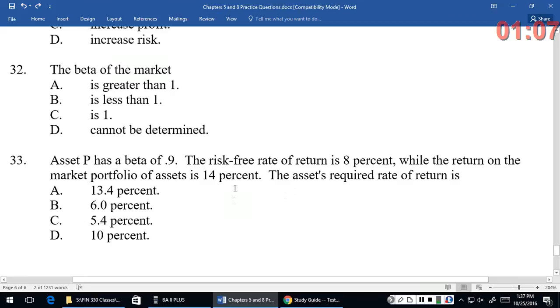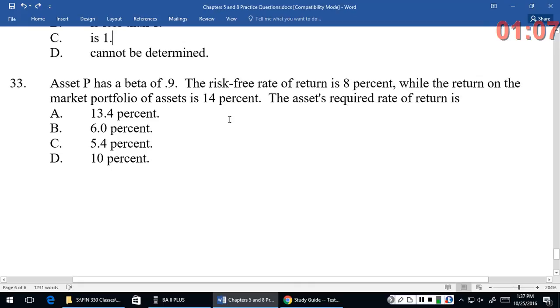32, pretty straightforward. The beta of the market is always how much? Always 1.0. And then number 33, this is a capital asset pricing model problem. Asset P has a beta of 0.9. The risk-free rate is 8%. The return on the market is 14%. The required return of the asset is how much?